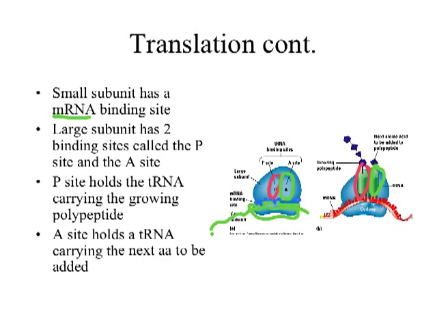Now the P site is going to be holding the tRNA that has the growing polypeptide chain on it. Okay, so we can see that here's the growing polypeptide chain, and it's at the P site. The A site holds the tRNA that carries the next amino acid. Okay, so this guy is the next amino acid that's going to be hooked up to the polypeptide chain. So it's kind of like the P site is the batter's box, the A site is the guy on deck.